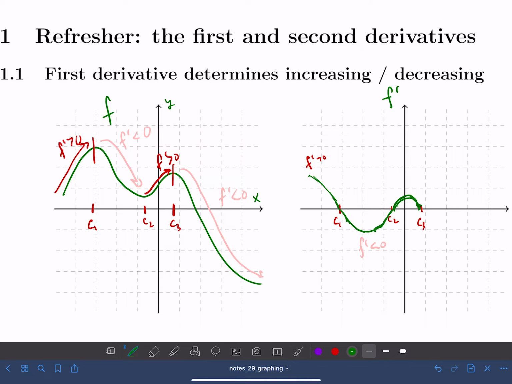About like that. And then over the next segment from C3 to infinity, the function is decreasing. And so I'll draw that. The function is decreasing, but the slope kind of levels off and doesn't get any steeper. And in fact, starts getting less steep. Right, and this is more negative, less negative.